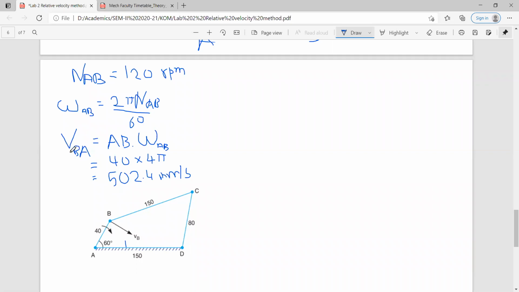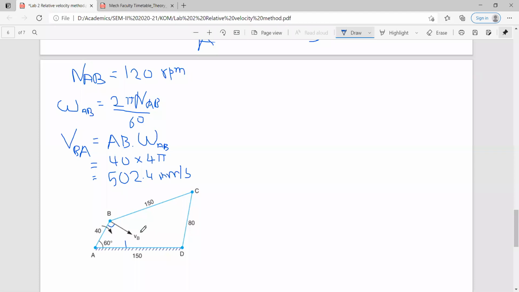So the direction of this velocity will be perpendicular to the line which is joining point A and B. So this is the line AB, the link AB, which is joining these 2 points. In order to determine the direction, you can see that it is shown like this. This velocity of point B is shown perpendicular to the link AB.